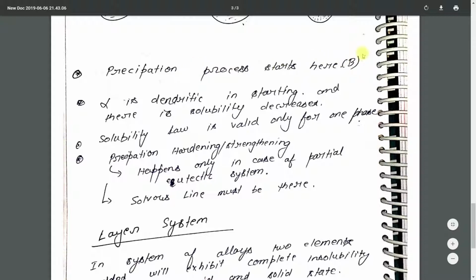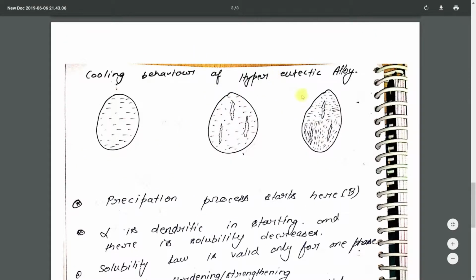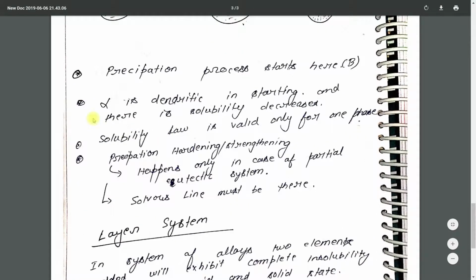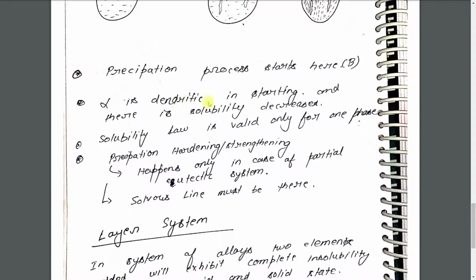And in the case of hypereutectic, there is alpha precipitation here, and beta solidifies, means dendrites, and alpha is dendrite in the start and the solubility decreases. When alpha dendrite formation takes place, then solubility decreases due to precipitation formation.